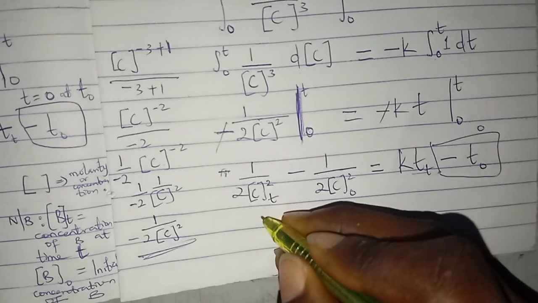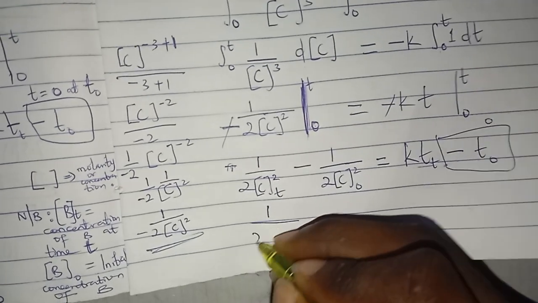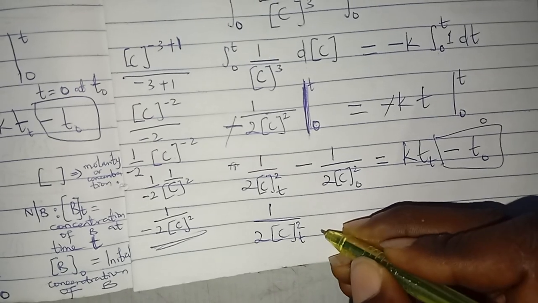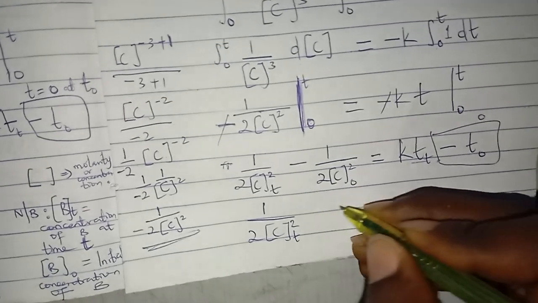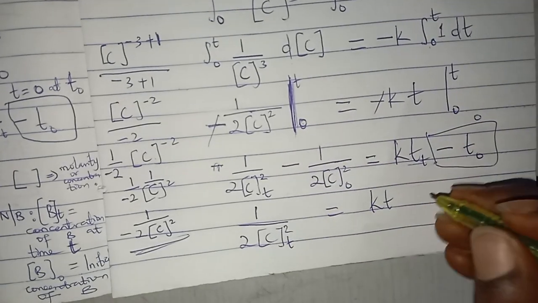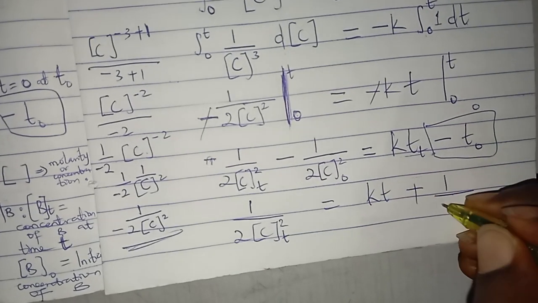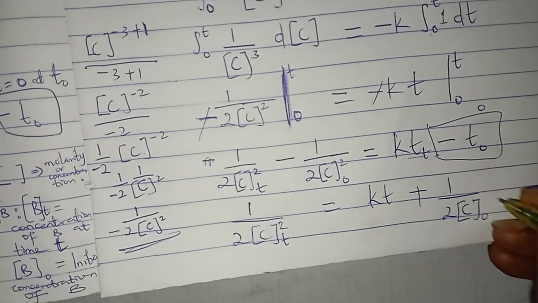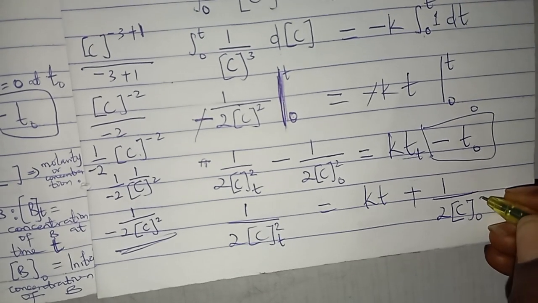So we can say that this is now the same thing as saying 1 over 2 concentration of c raised to power 2 at t equals to kt. This one crossing over becomes plus 1 over 2 initial concentration of c raised to power 2.